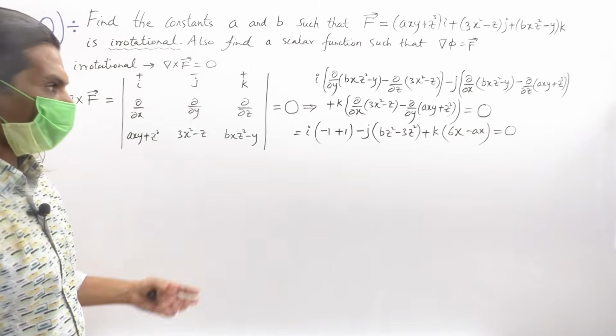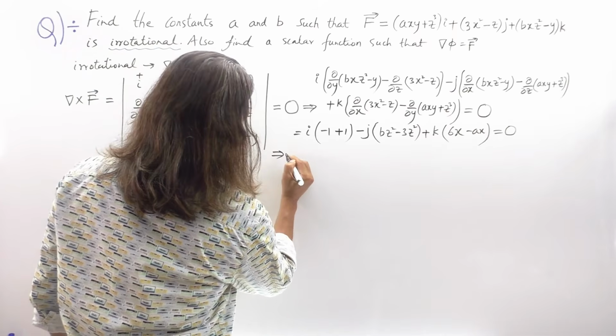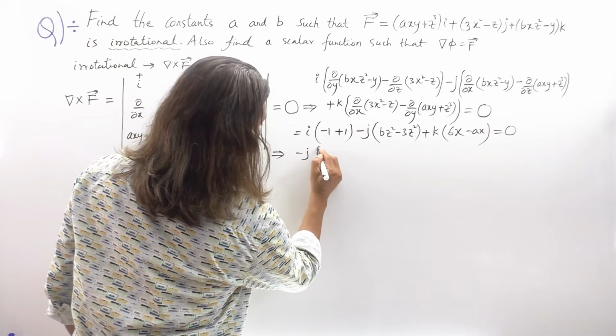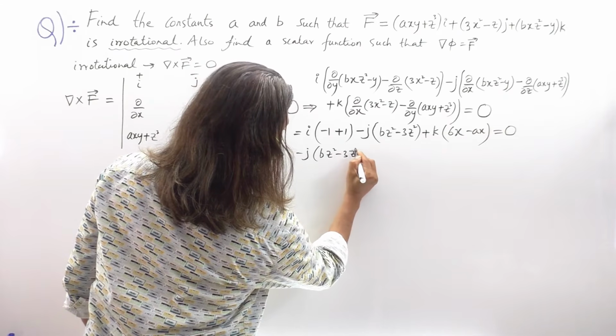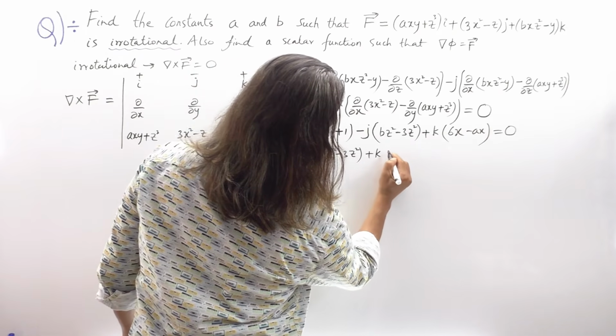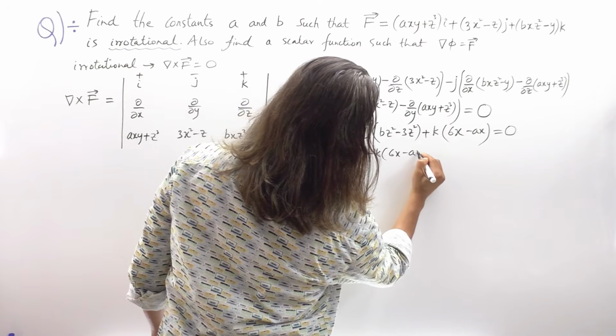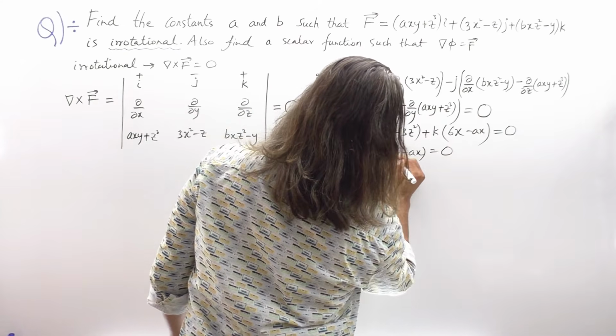That implies minus j into (bz² − 3z²) plus k into (6x − ax) equals 0.